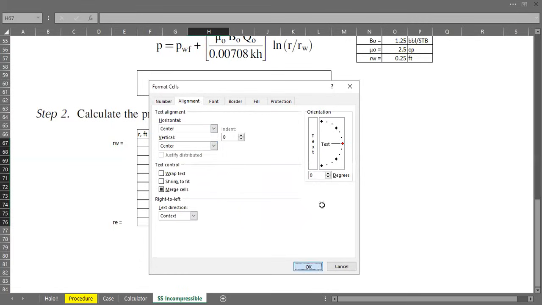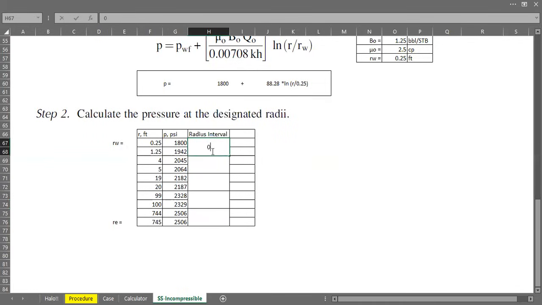Okay. And then this one is 0.25 to 1.25. This one is 4 to 5. This one is 19 to 20. This one is 99 to 100. This one is 744 to 745.